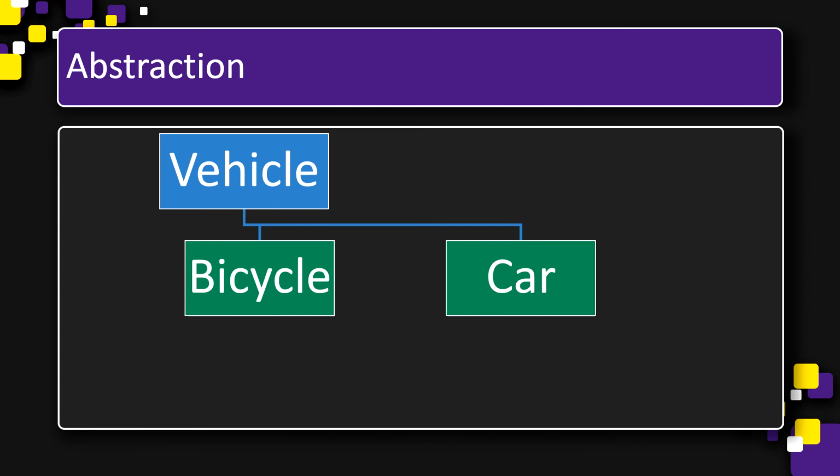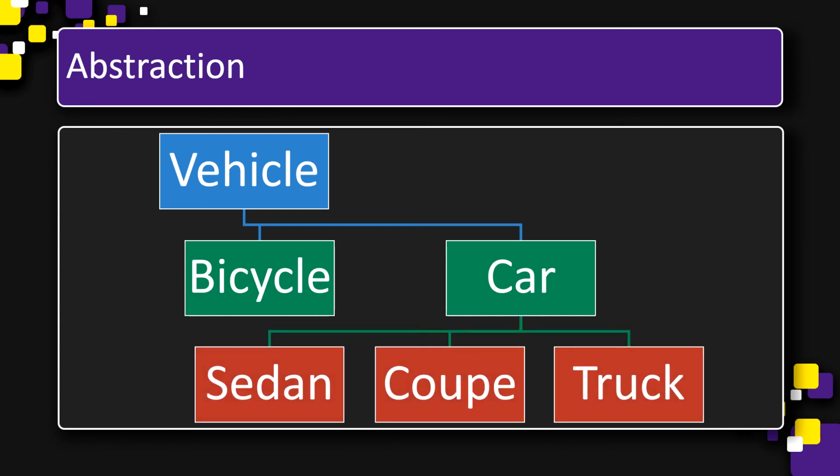A bicycle and a car are going to inherit things from a vehicle, and it allows us to abstract data out into that vehicle, and we don't have to put it specifically in the bicycle or the car. Instead, we can just say number of wheels, for instance, can be in the vehicle class. We then inherit that as a data property and can still interact with it as a bicycle and a car, but we don't have to define that in the code specifically ourselves.